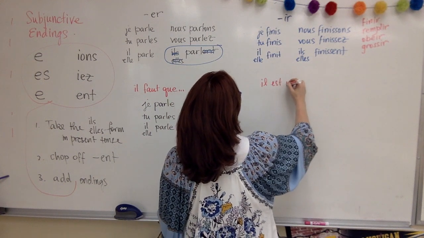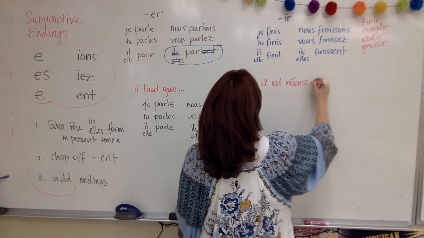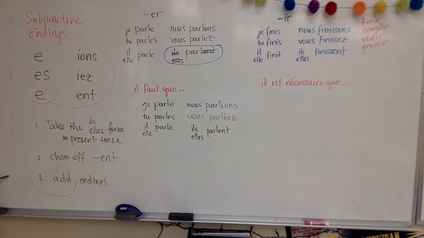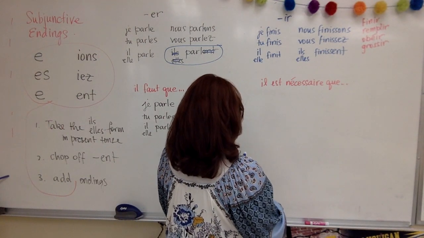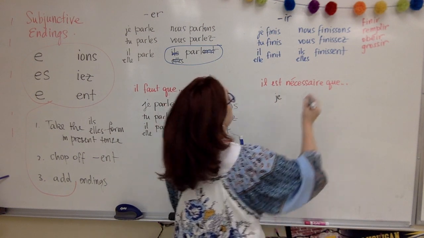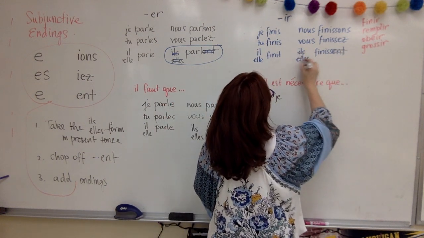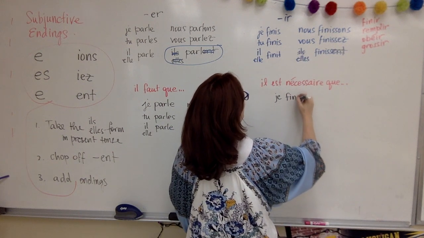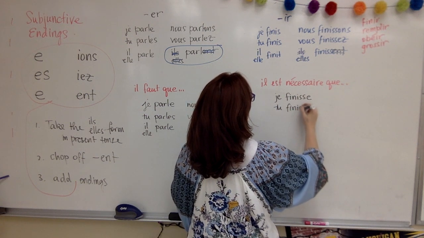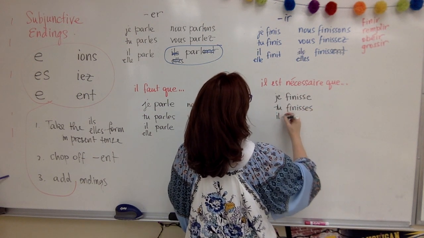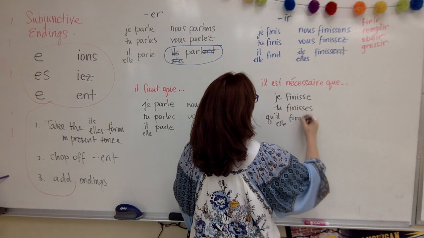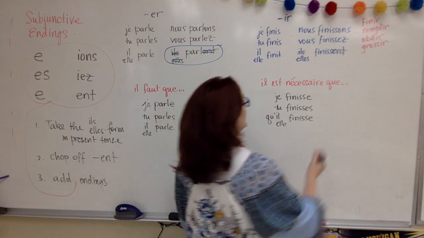Il est nécessaire que, that's another great subjunctive trigger. Il est nécessaire que, let's look, que je, so we're going to be using this form, right? Que je finisse, que tu finisses, qu'il, right? Qu'il ou elle finisse. Let's look at the nous.